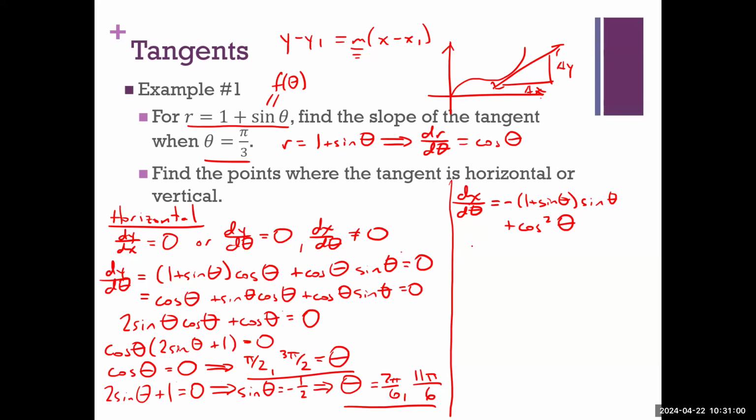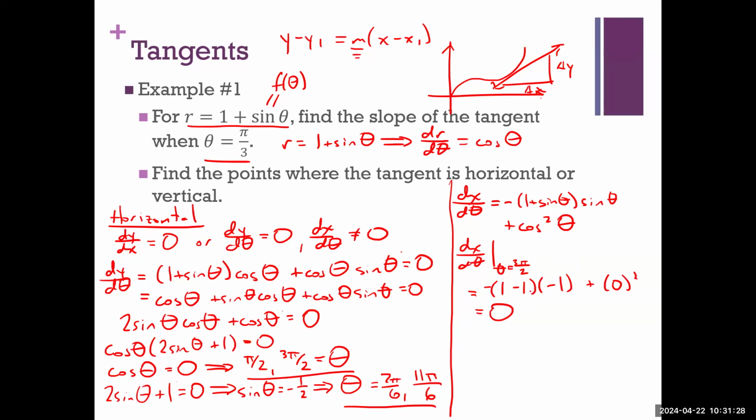How about sine of 3 pi/2? Oh, so let's look at that one. So dx/d theta when theta equals 3 pi/2 is going to be equal to negative 1 times negative 1 plus 0 squared. So that comes up to 0, right?